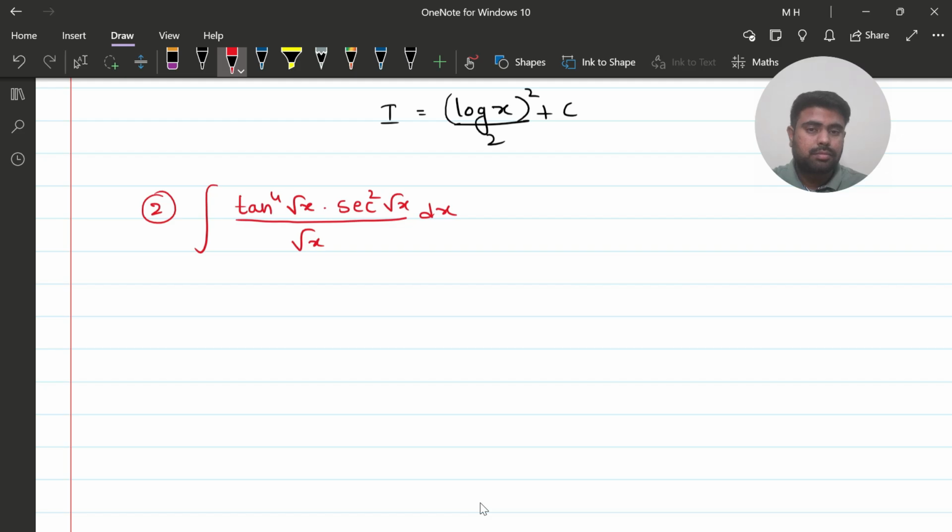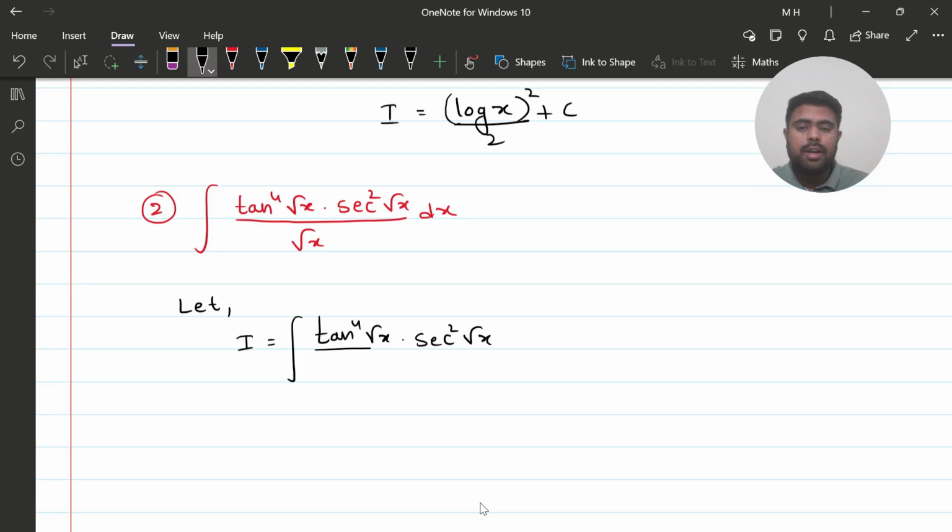Now look, I'll consider this integral: let I be equal to the integral of tan raised to 4 root x into secant square root x divided by root x dx.